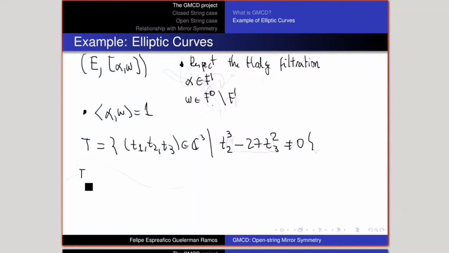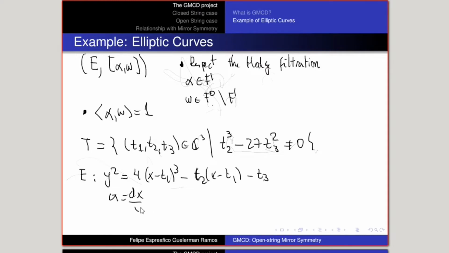And let me explain how this identification is made. So we start with an elliptic curve given by some equation like this. 4x cubed minus, let me write it this way, 4(x minus t1) cubed minus t2 (x minus t1) minus t3. And we have alpha be this and omega this one.